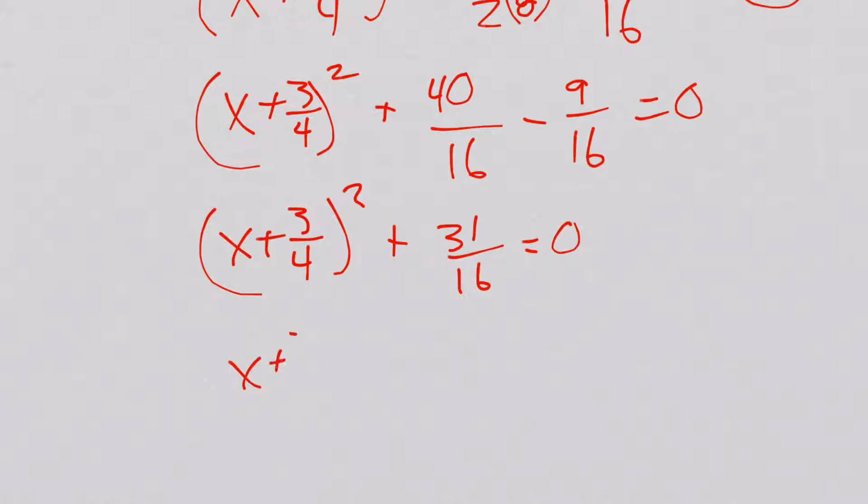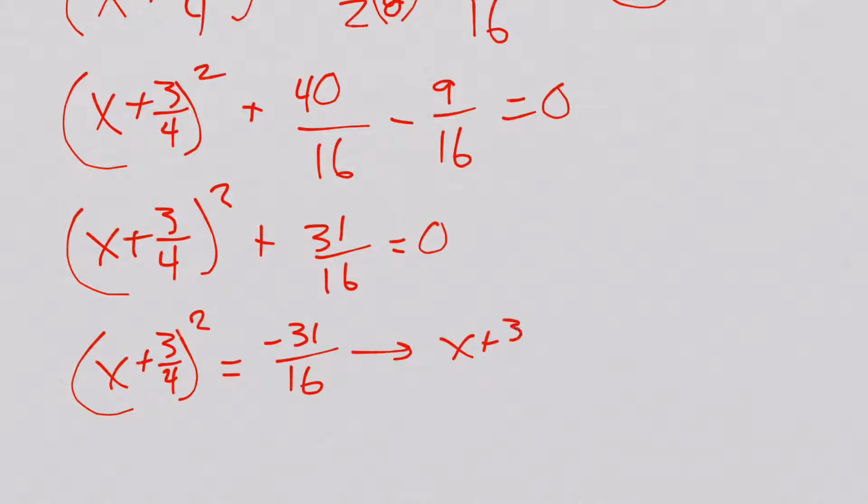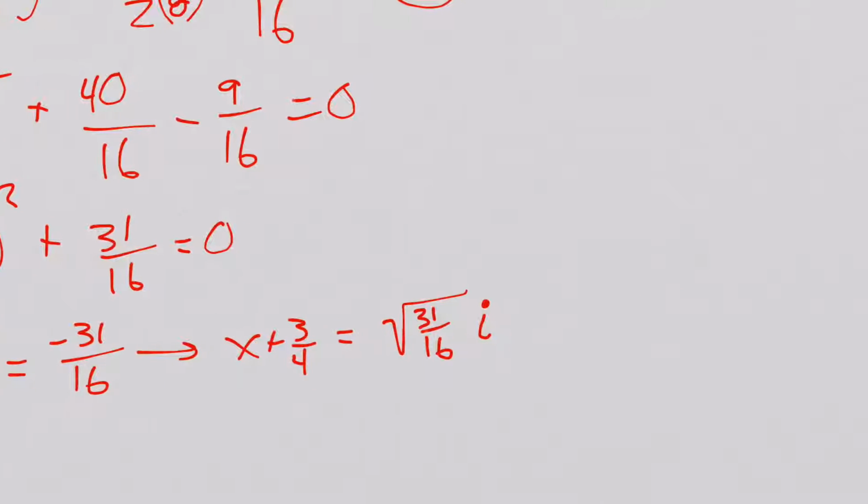So x plus 3 over 4 squared equals negative 31 over 16, which means x plus 3 over 4 has to equal the square root of 31 over 16. I've taken the negative out by appending the i.